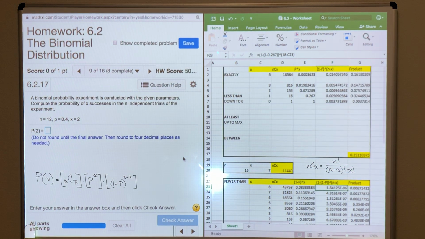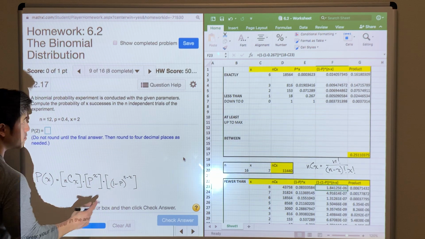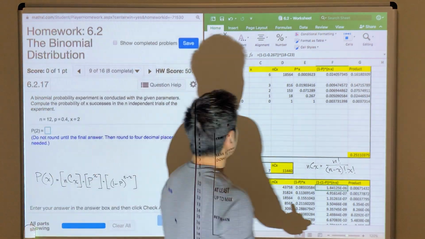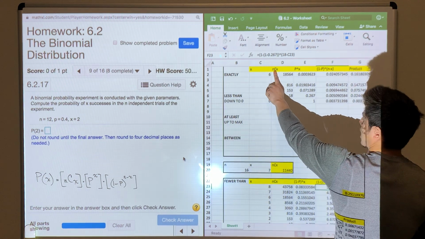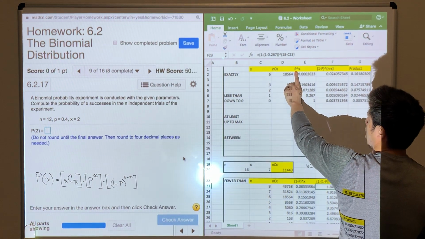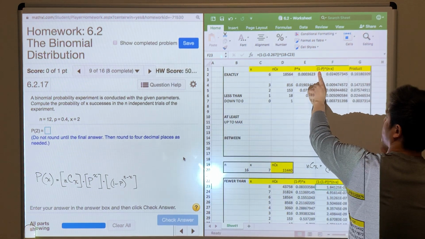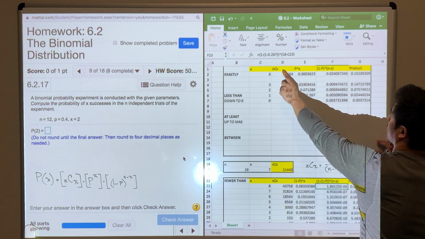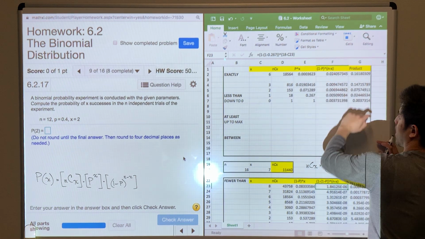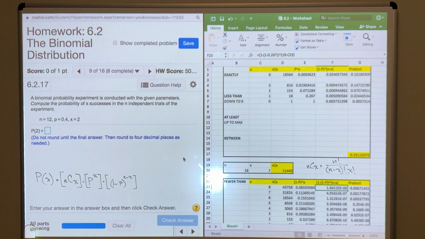Okay, so with that said, each of these will be multiplied, and you can see that in my formula over here, I have NCX, the probability to the power of X, 1 minus the probability to the power of N minus X, and then the product of these three things is this value right here. So I'm getting you familiar with doing the calculation.